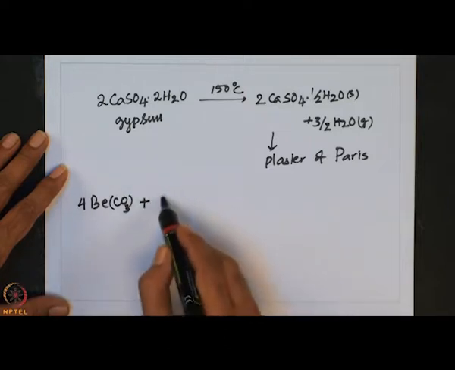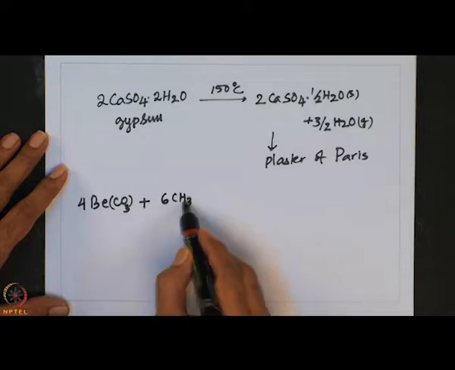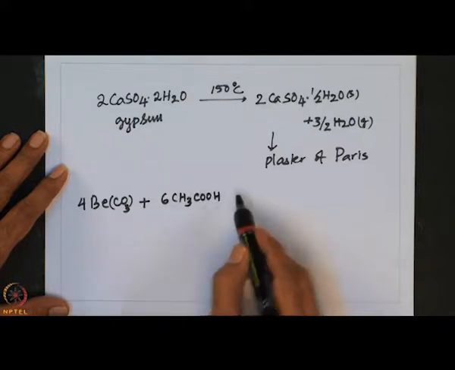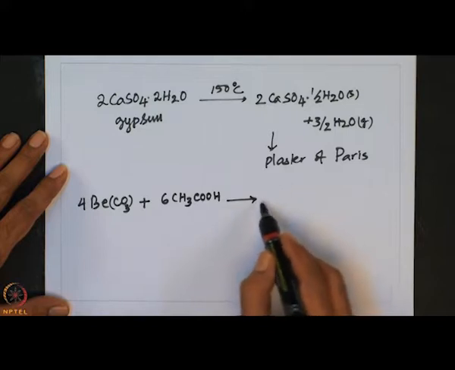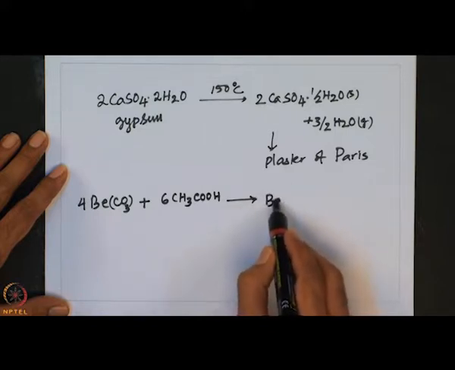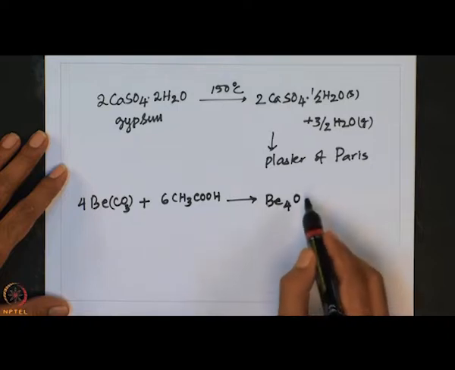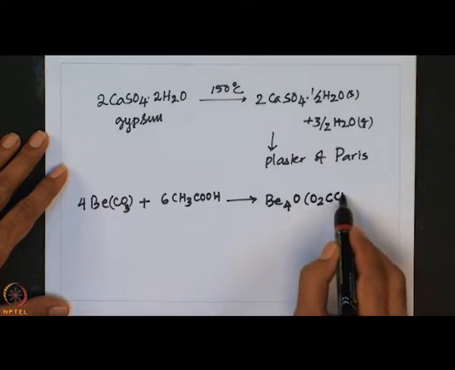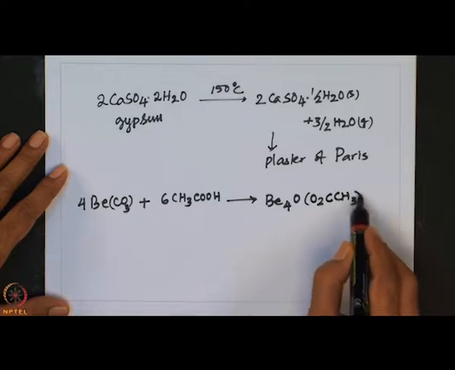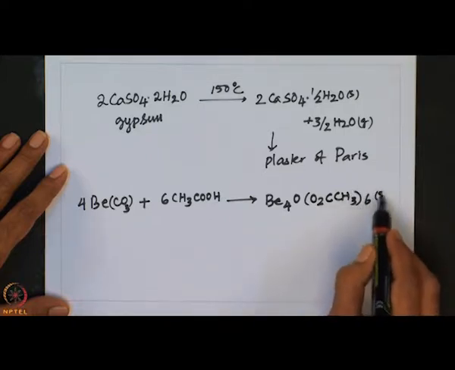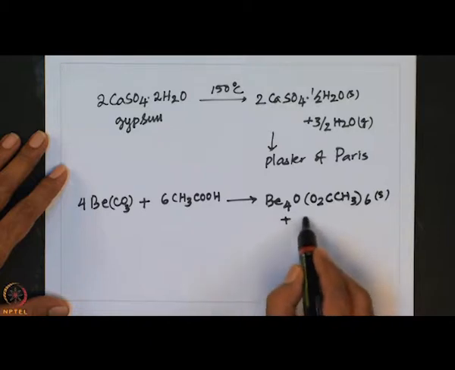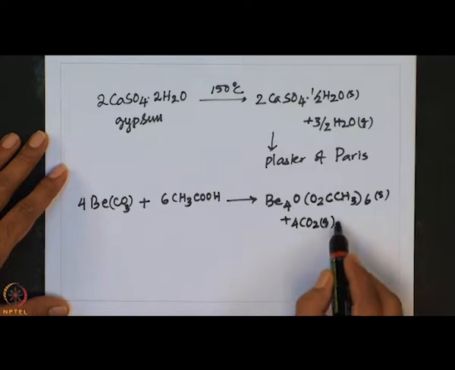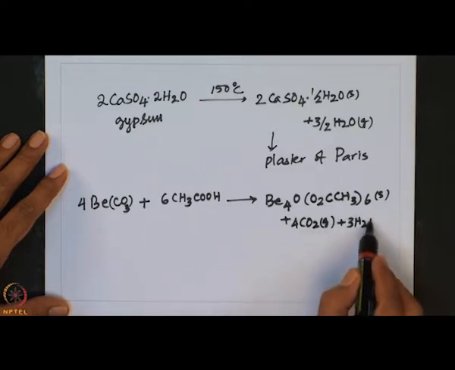with acetic acid. In this one we get Be4O(O2CCH3)6, of course, plus CO2 comes out, plus 3H2O will also form.